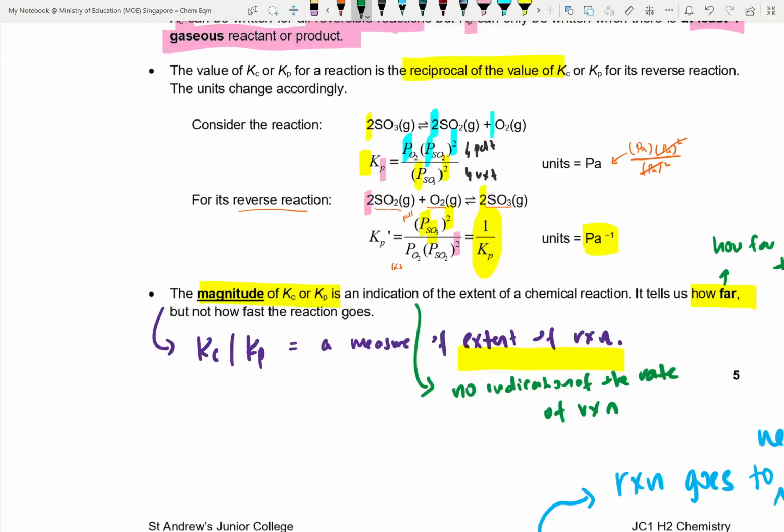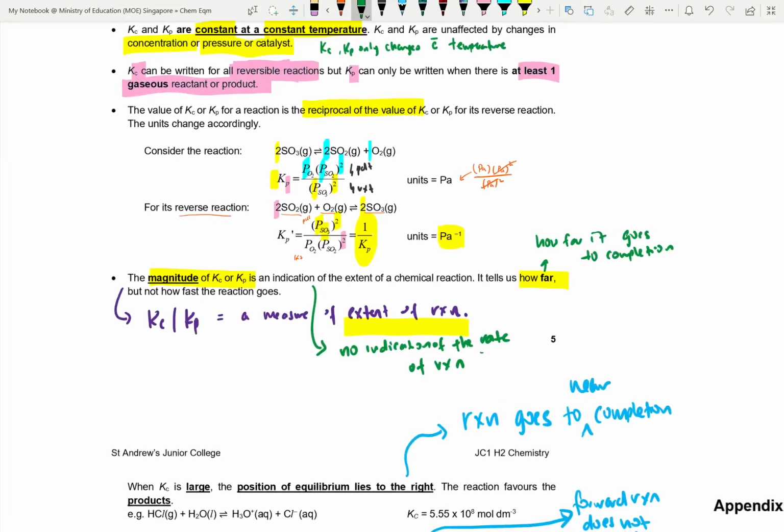So it doesn't tell you how long it takes for the reaction to reach that state of equilibrium. Anything about rate you cannot deduce from the value of Kc or Kp.